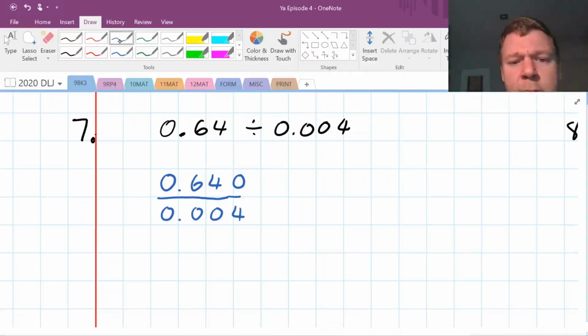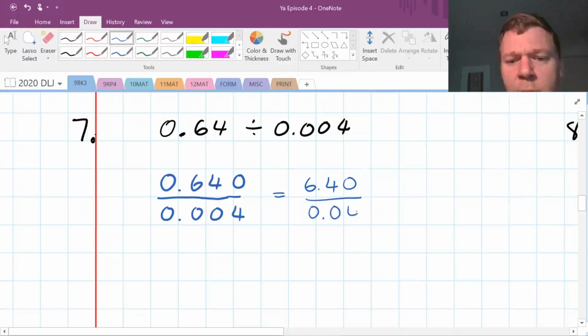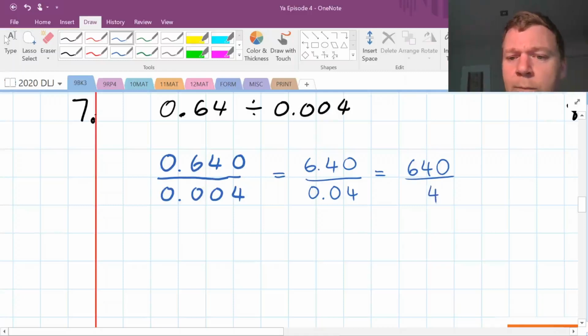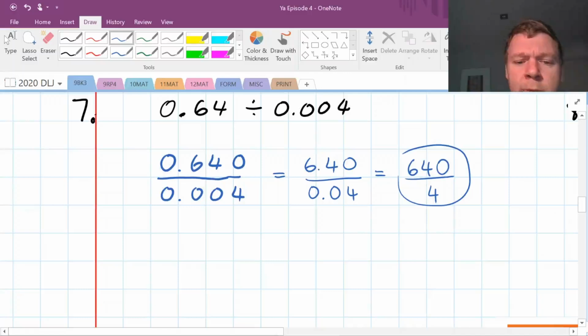So we can change this. This problem is the same as 6.40 divided by 0.04. So we can just keep shifting the decimal point along. We may as well shift it all the way to the end, and then it becomes just division of whole numbers. So we're going to get 640 divided by 4. And that is something that we can do in our algorithm nice and easy.